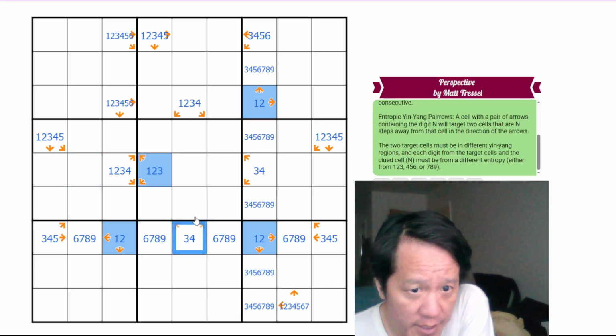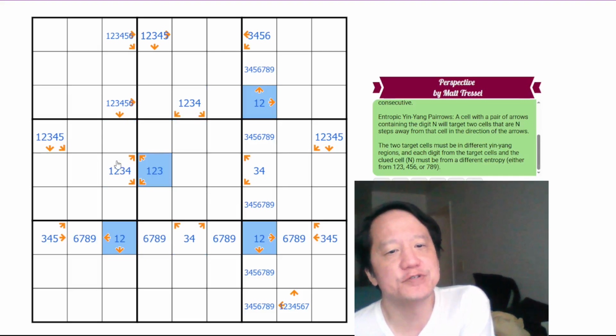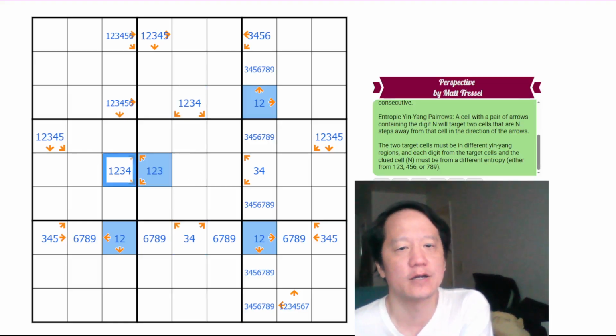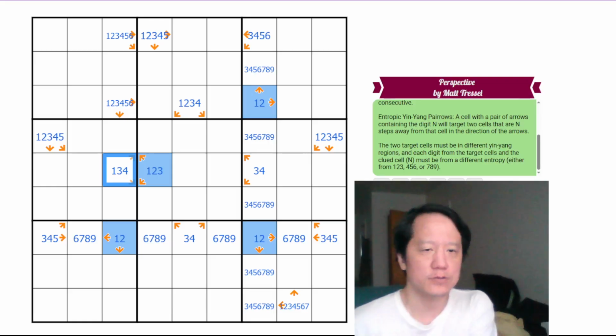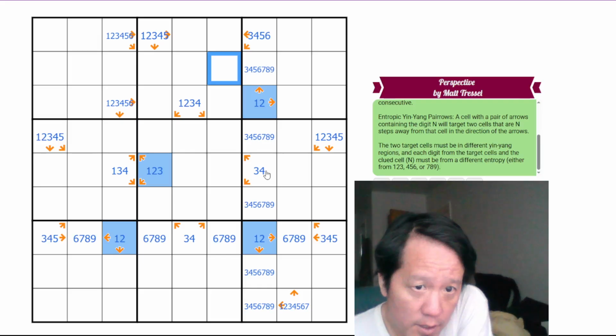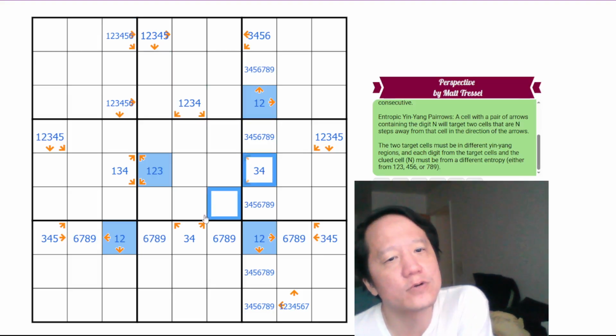Can we eliminate some possibilities? This can never be 2. If this is 2, these two would be the target cells, but we need a high digit from one of them, and they can't be high. So this cannot be 2. 3 could work. 4 technically could work also.